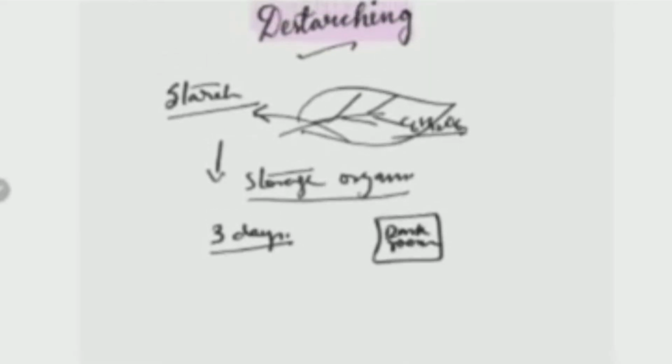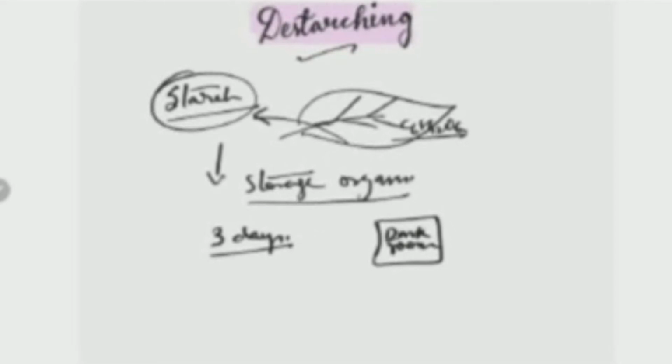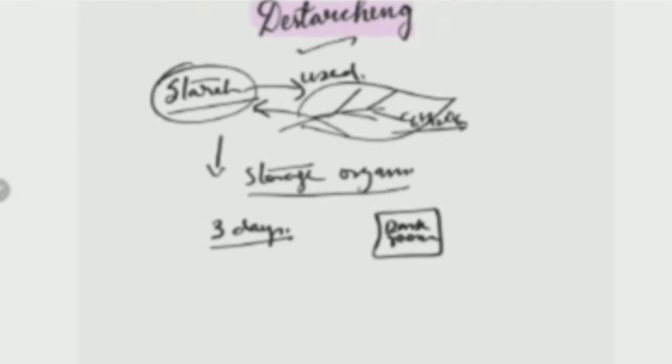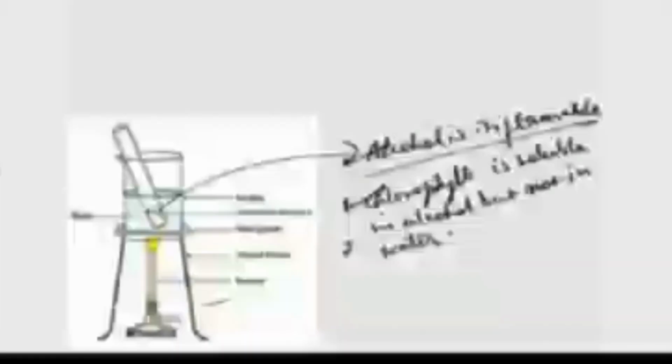For that we perform discharging by keeping the plant in a dark room for some time, like 2 to 3 days, so that the plant will use up the starch. So don't forget this discharging part. For 3 days or 2 days we keep the plant, depending on what type of plant it is, and then it uses up the starch.